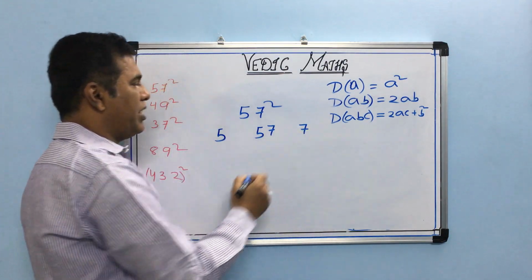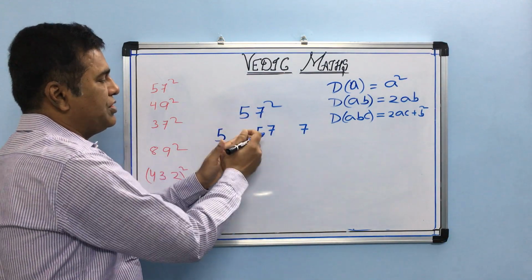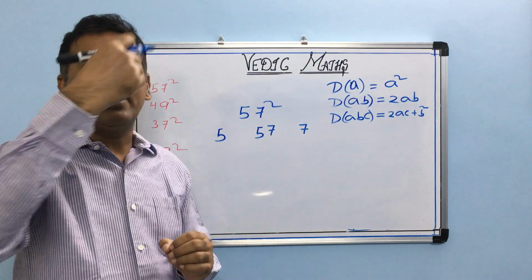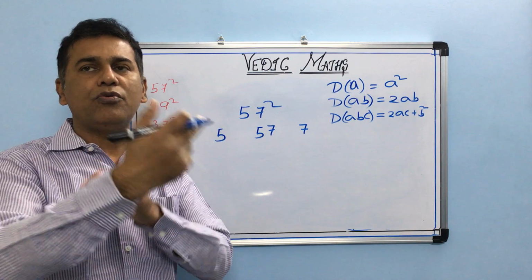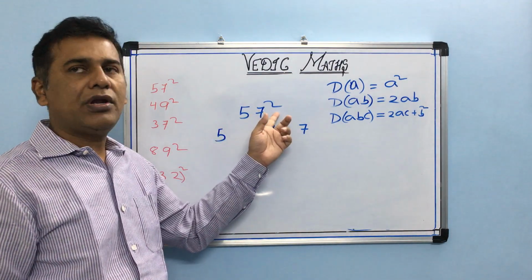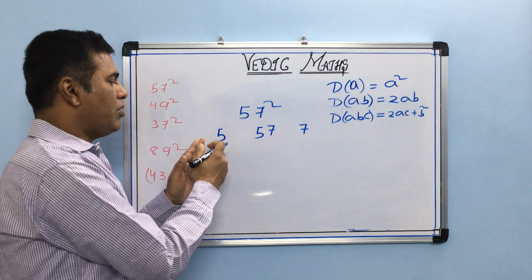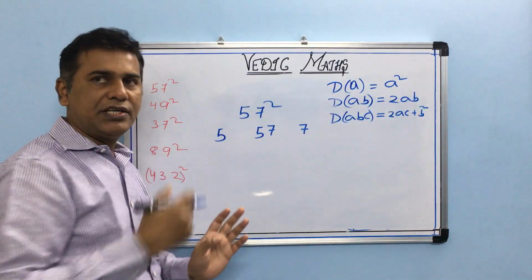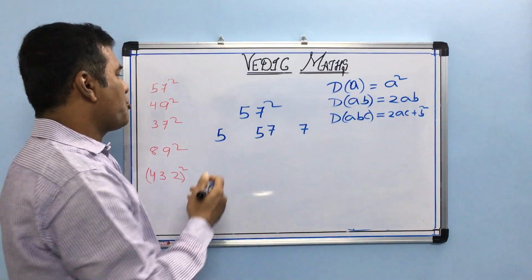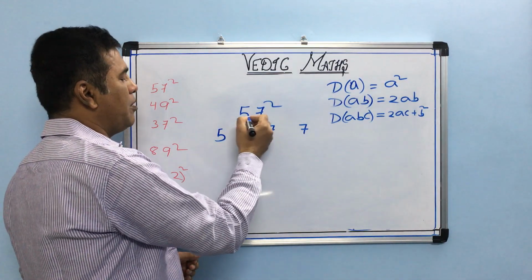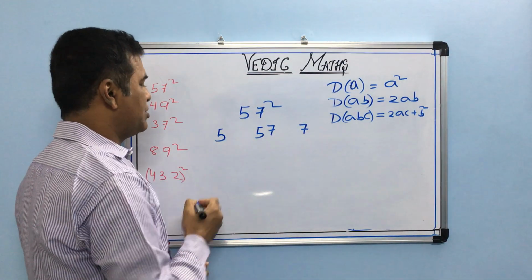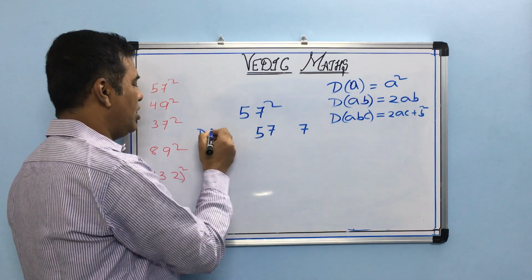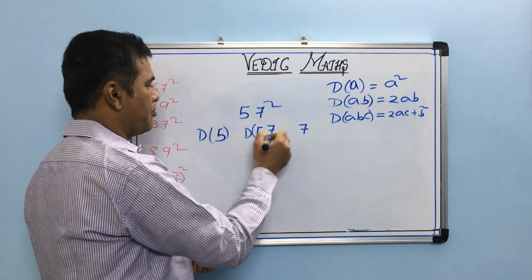Like this we have to divide 57 into 3 groups, 1, 2, 1. If it is a 3-digit number, first we will make the group of 1 digit, 2 digits, 3 digits, and again 2 digits and 1 digit. That we will learn afterwards. So we divide the number into 3 parts, 5, then 57, then 7, and we will take the duplex of each.